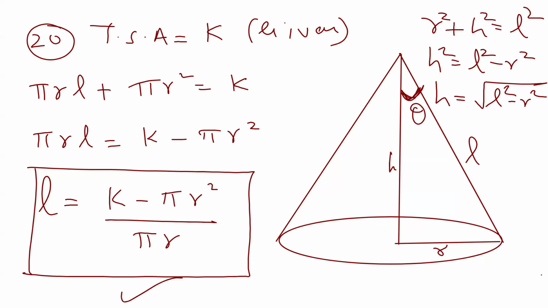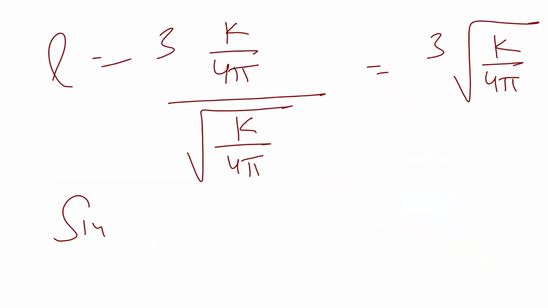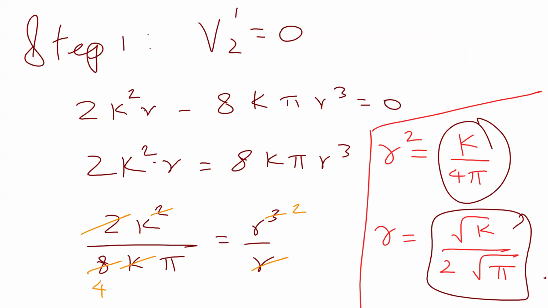So what is sine theta? Opposite upon hypotenuse. So the angle opposite to theta is r upon hypotenuse. So sine theta is equal to r upon L. Now what is r? R is equal to root k by 2 root pi. So I'll just write root k by root 4 pi.